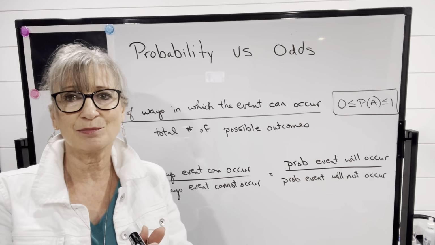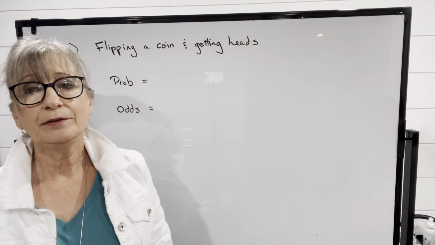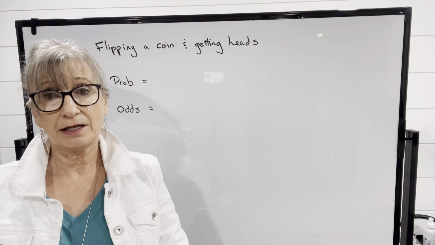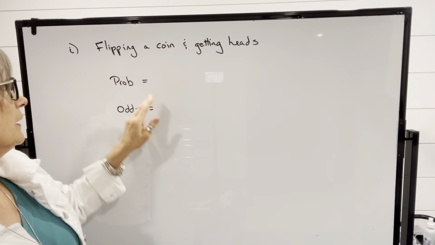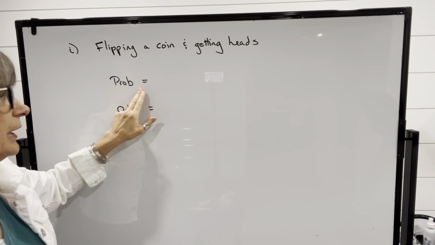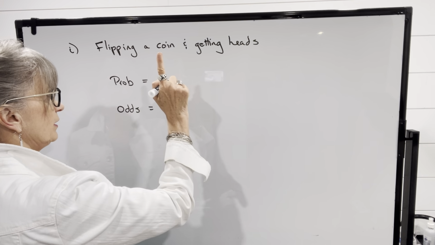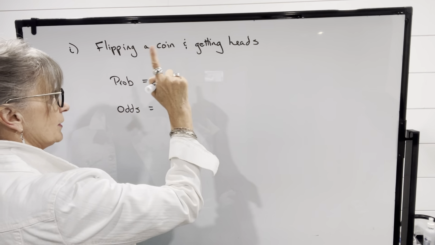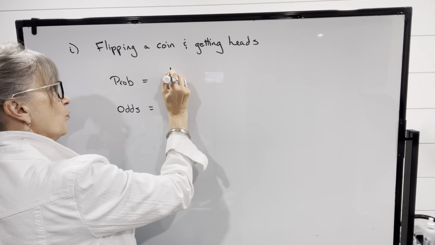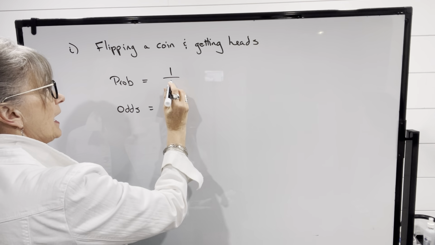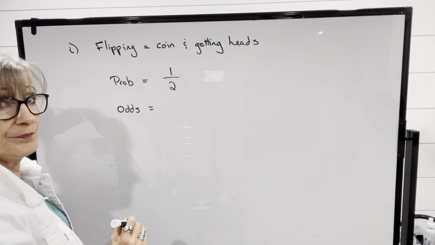Let's take a look at some examples. If we were flipping a coin and our outcome is getting a head, the probability of that happening would be calculated by taking the number of ways it can happen while we're flipping one coin. So it's either a head or a tail. There's one way to get a head and 2 possible outcomes.